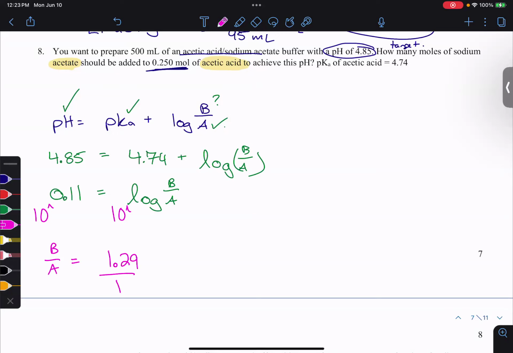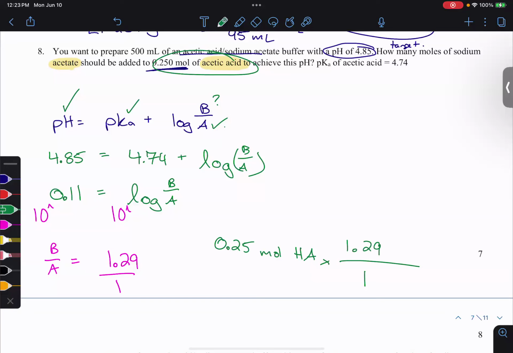So what that means is for every 1 equivalence of acid, you need 1.3 equivalences of base. So that means if I start with 0.25 moles of HA, then I need 1.29 equivalences of the base. In this case, it's A-, so times 0.25.